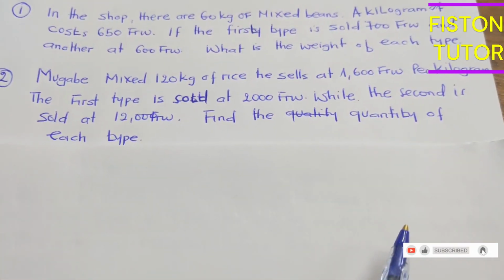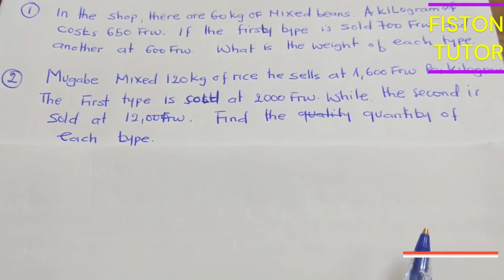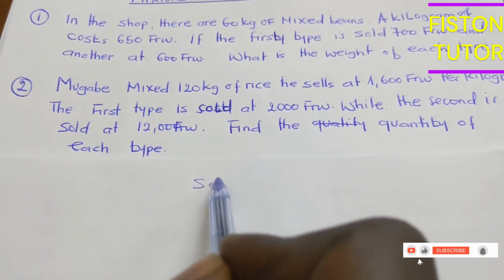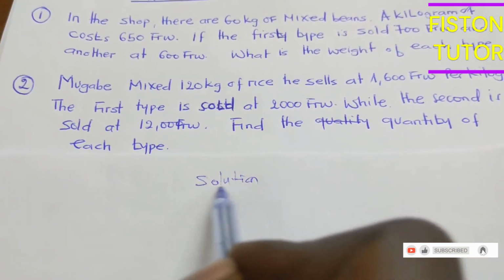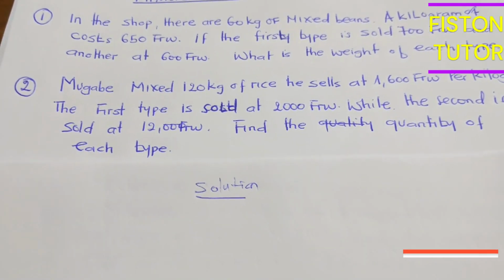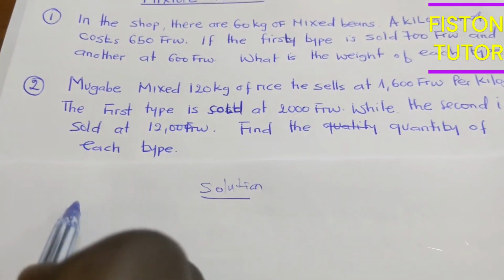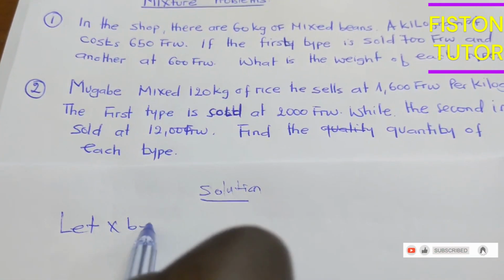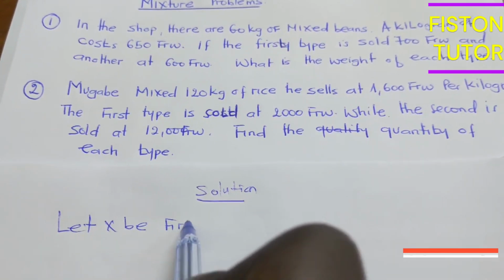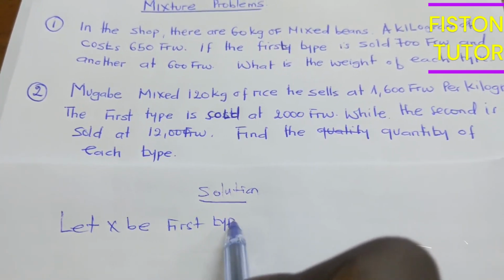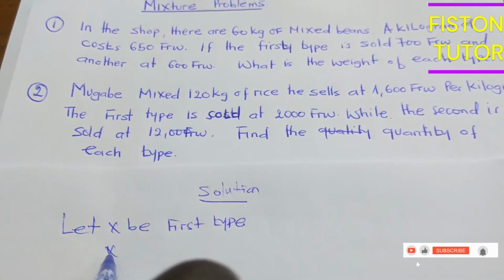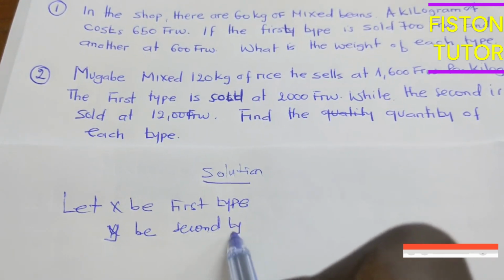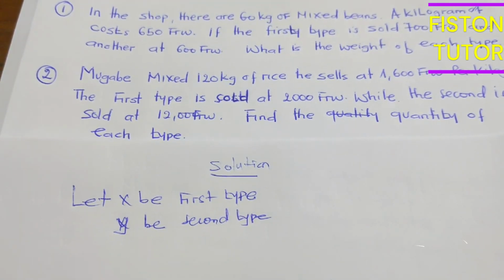Now the second question is Mugabe mixed this one. Now let us try to write the given data. Let x be the first type and y be the second type.